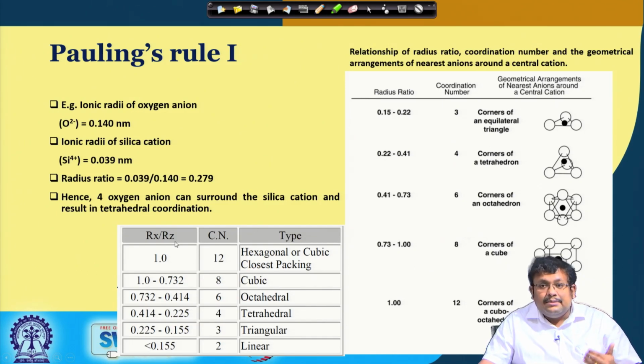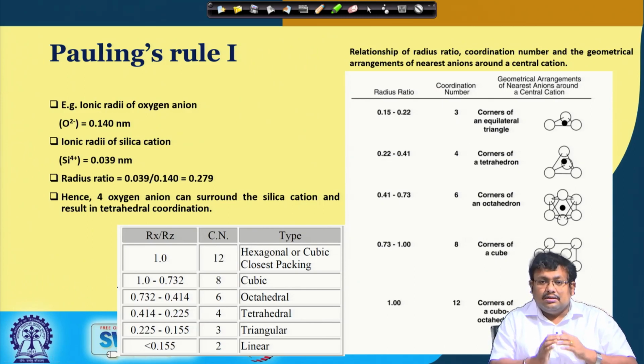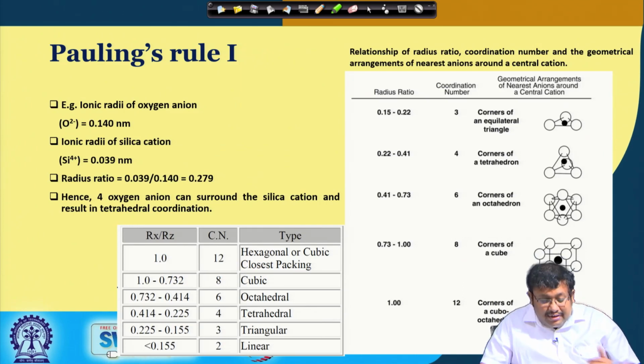there are certain limits and values of the radius ratio, and also the corresponding coordination number and type of coordination structure, given in this table. As you can see, when the radius ratio is 1, we get a coordination number of 12 and basically the hexagonal or cubic closest packing.